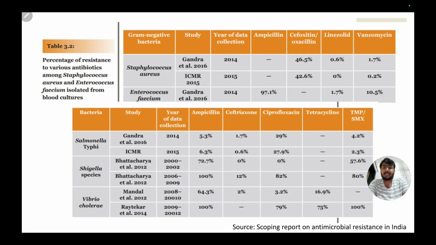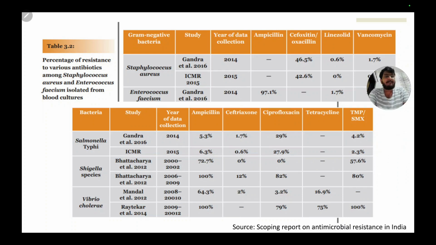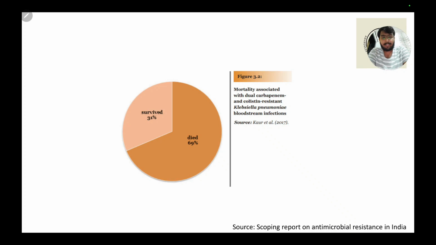You can also see that the table given below has listed 3 organisms which are popular GI tract infection organisms: Salmonella typhi, Shigella and Vibrio cholerae. And you can see that they are also exhibiting resistance towards the known antibiotics, and this is indeed a very, very scary scenario because these are completely treatable infections and we are now losing out on antibiotics.